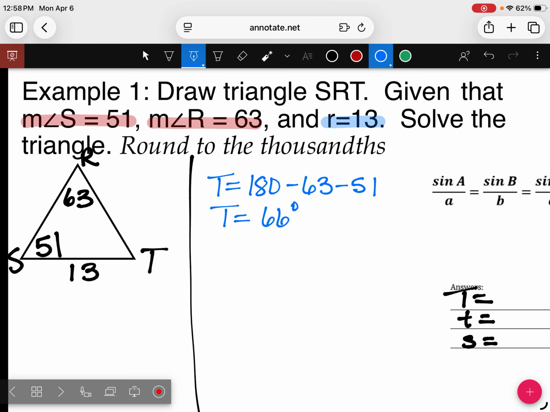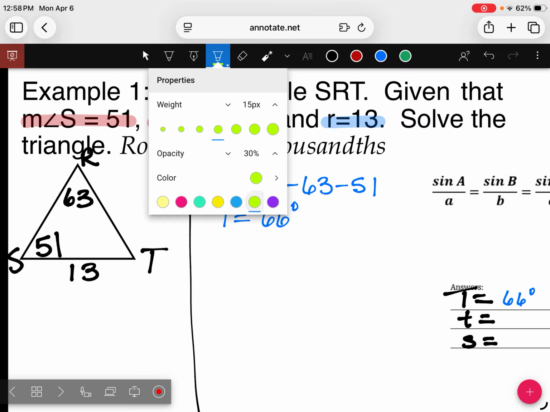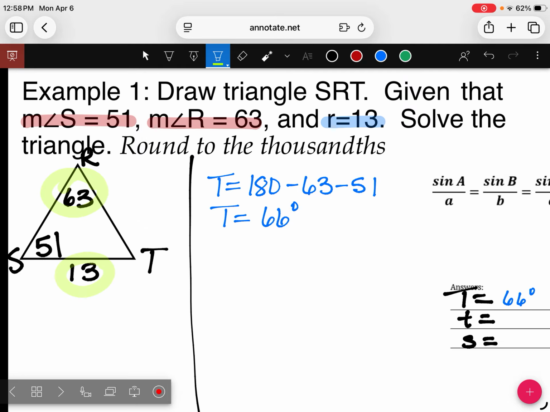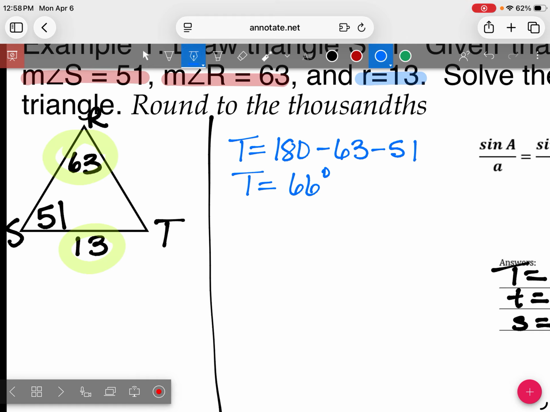Okay. Do we have a pair? In other words, do I have an angle and the opposite side? So do I have an angle where I know the opposite side? Yes, because we know big R and we know little r. So that's what I'm going to use to set up my proportion. So I'm going to set it up.